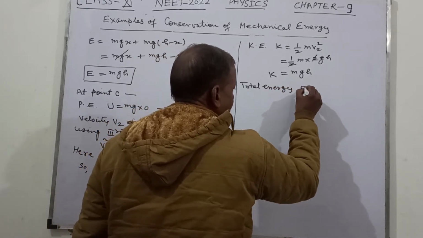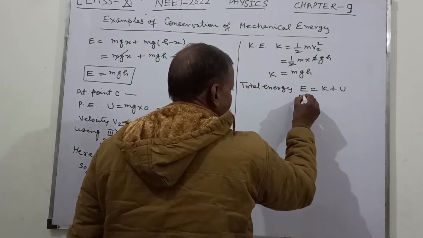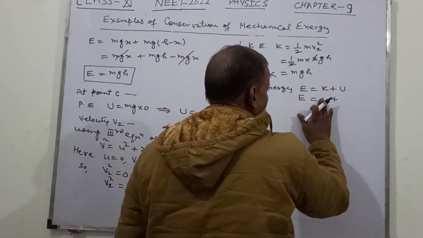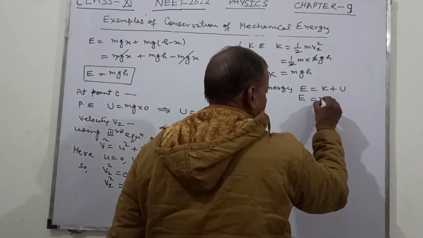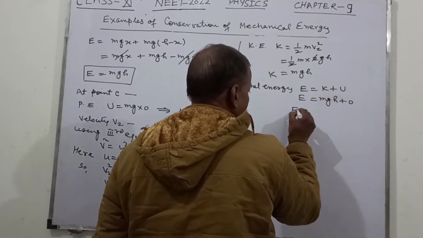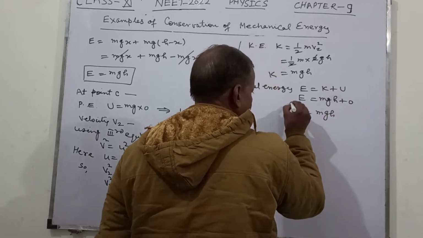Total energy E is equal to K plus U. So E is equal to K, which is 0, plus mgh, and U is equal to 0. So E is equal to mgh.